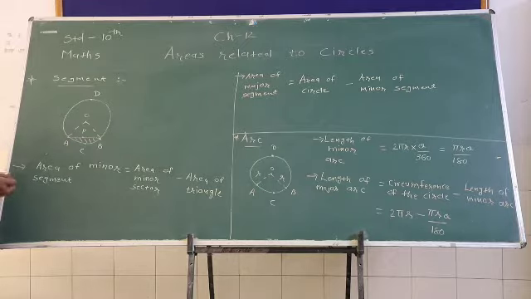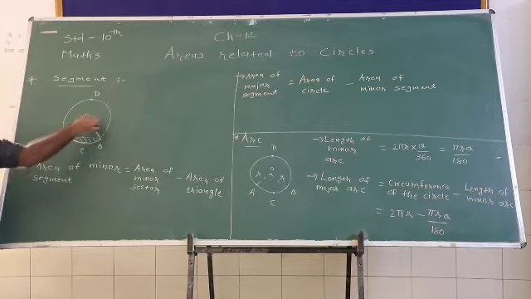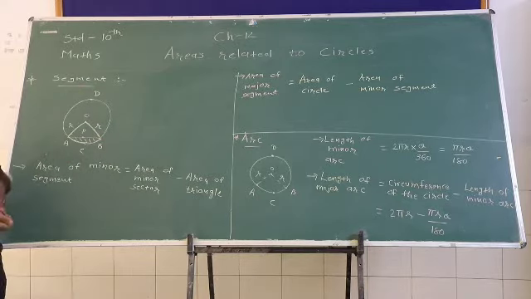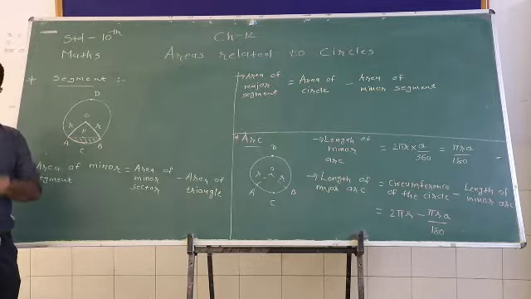Now see, we had this sector, this whole is a sector. That was the sector, 2 radii and the arc, with 2 radii again r, suppose. So now from the sector, if you subtract the area of the triangle, you will get the area of the segment.